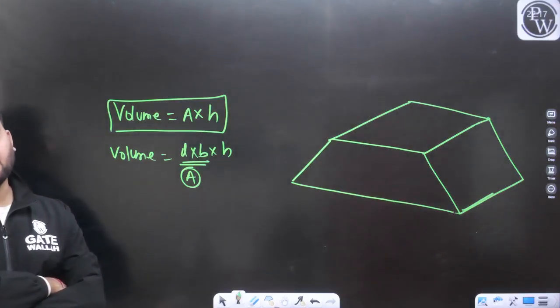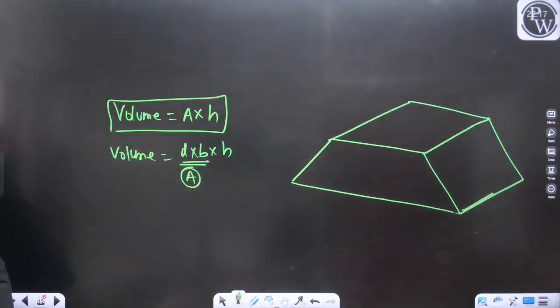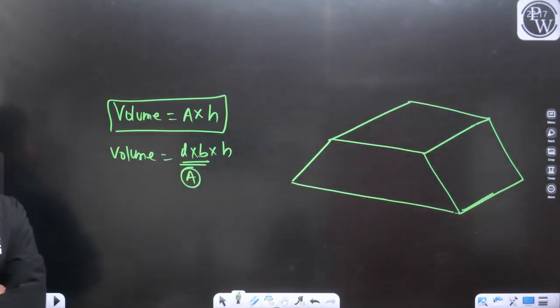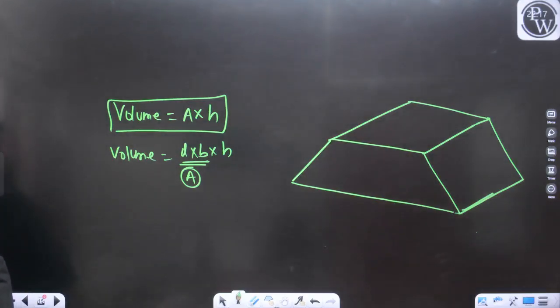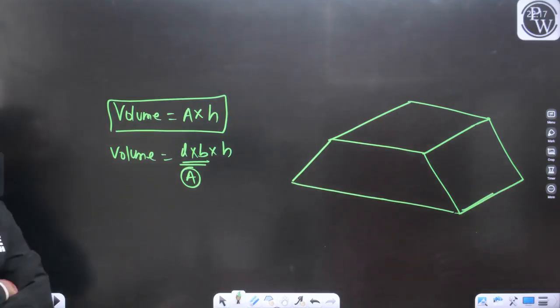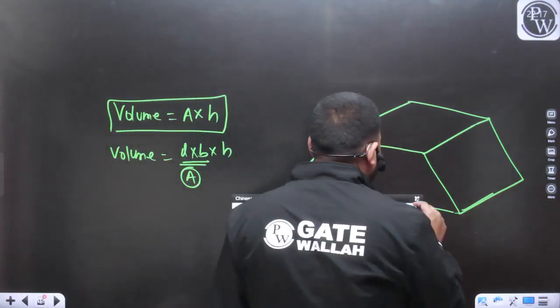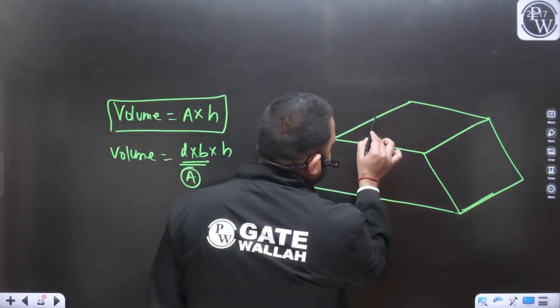How can we find out the volume for this embankment or this filling? I can simply take some offsets.